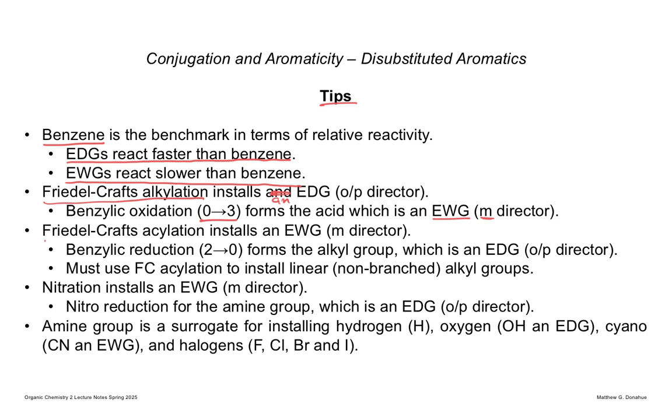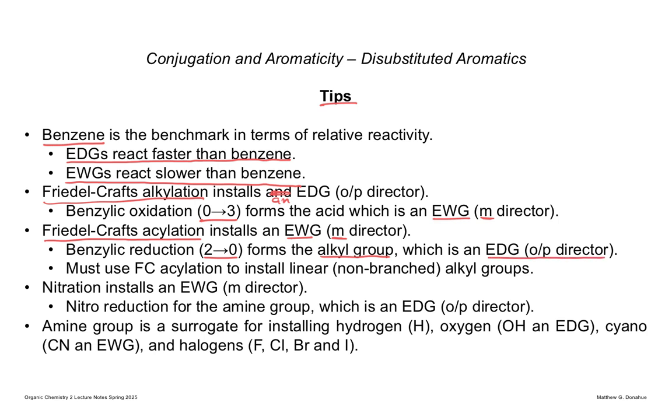The Friedel-Crafts acylation installs a ketone, which is an electron withdrawing group, meta-director. You can do the Clemmensen reduction, so you're taking it 2 to 0 back to the alkyl group, which is electron donating or ortho-para.